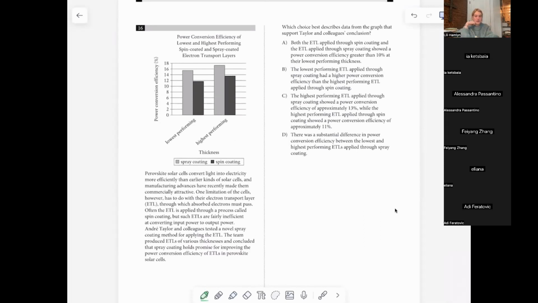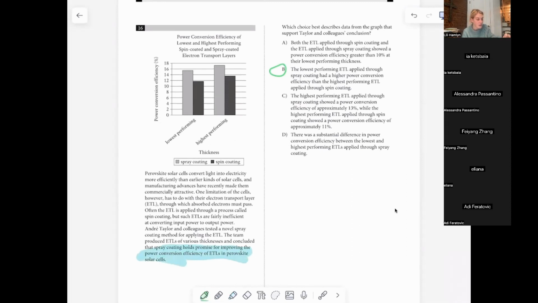Which choice best describes the data from the graph and supports the conclusion? Anyone else? Yeah, the answer here is that the lowest performing ETL applied through spray coating. So the claim is that spray coating holds promise for improving the power conversion efficiency.